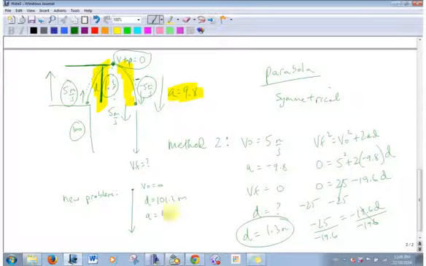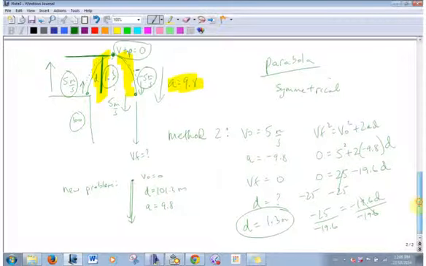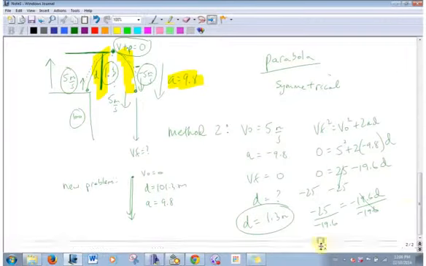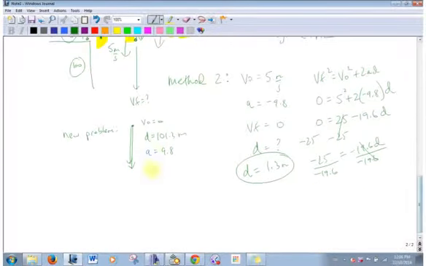A is 9.8. If I take this as positive down, then I want that to be positive too. You can make them both negative. It'll be the same thing. And what should I get for an answer? I've already done the question, haven't I? Right?